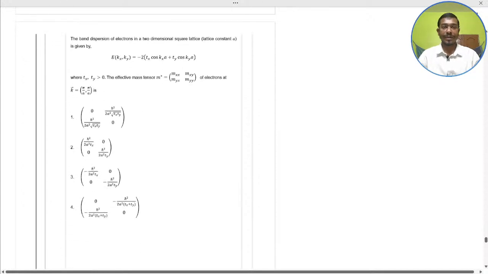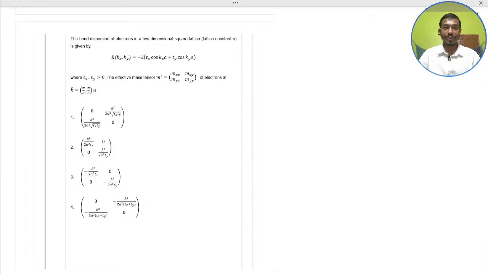The band dispersion of an electron in a two-dimensional square lattice is given by this. The effective mass tensor of the electron is what? m star, with components xx, xy, yx, yy, since two dimensional.